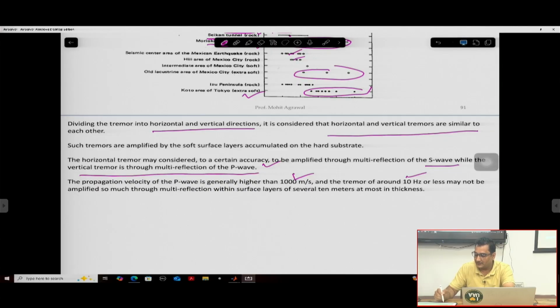So this is what is written: the propagation velocity of the P wave is generally higher than 1000 meter per second, and the tremor of around 10 hertz or less may not be amplified so much through multi-reflection within the surface layers of several tens of meters at most of thickness.